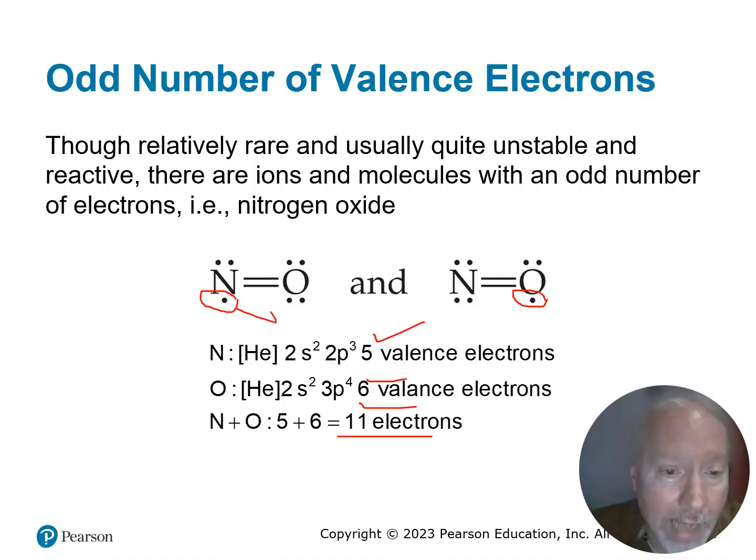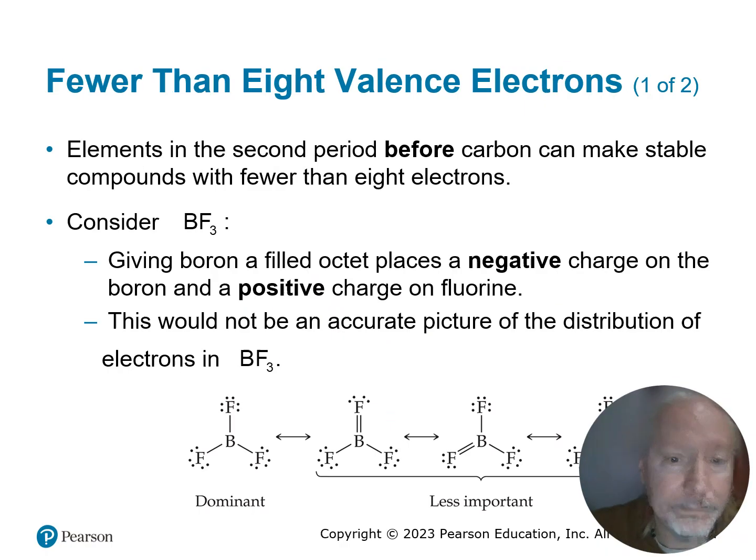So a single electron is a radical. That is a radical, very reactive, and if it's nitric oxide we're talking about, it has a biological effect. And so we see that with nitrogen oxide.